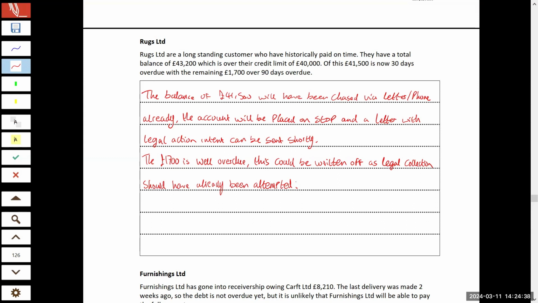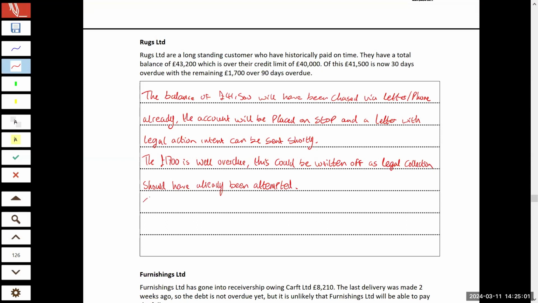Of course, with these sorts of questions, we always have to consider the customer, because look what it said, they're a long-standing customer who normally pay on time. This is out of character, isn't it? So there might be issues here, but again, we should try and extend some sort of communication lines to ascertain what may or may not be happening. These debts are, call it what you will, unusual, an anomaly, not consistent.